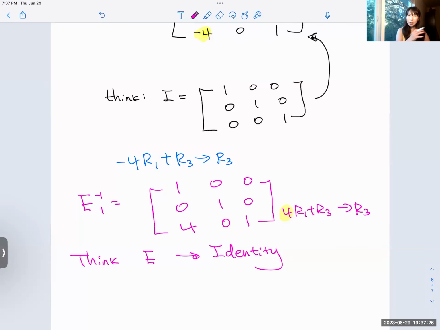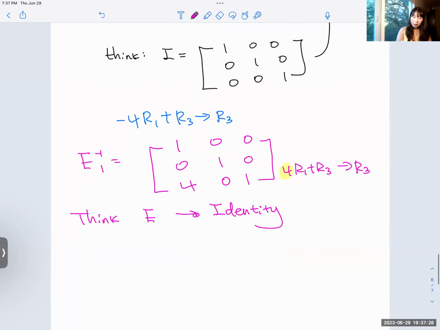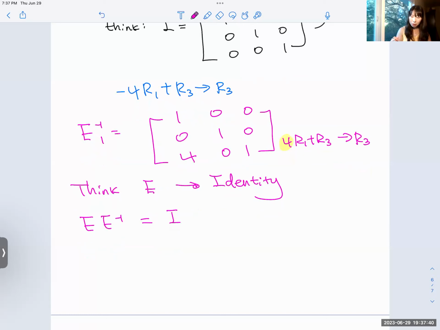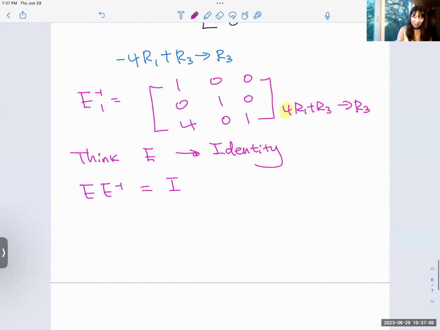Now, how do we check? We're going to check that the elementary matrix times the inverse of the elementary matrix gives the identity, right? Okay, can you please check that? Yeah.